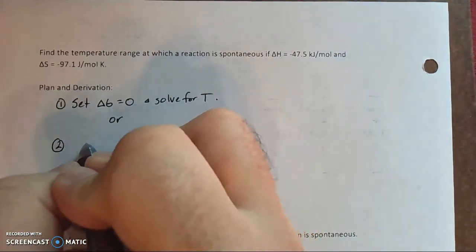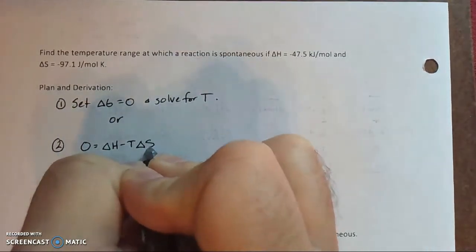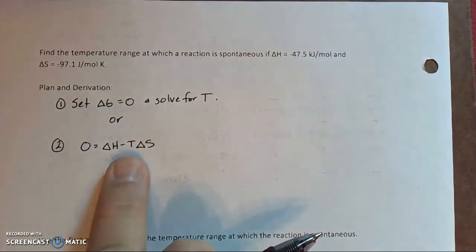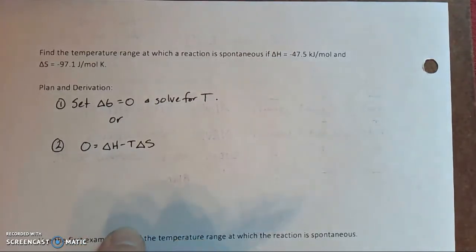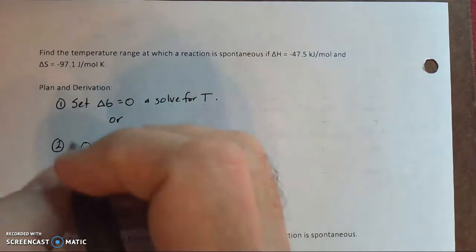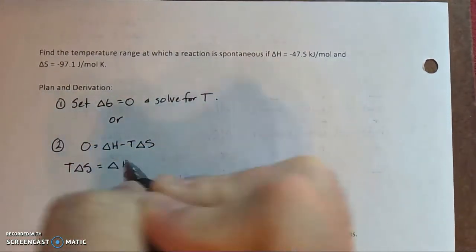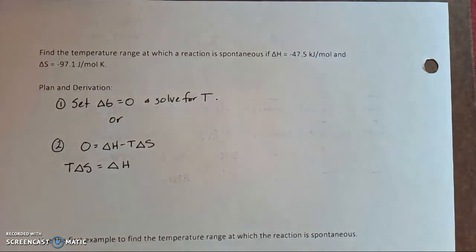So if we put 0 in and just use our symbols and solve this for T, the first thing we're going to do is add T delta S to both sides of our equation. So we end up with T delta S is equal to delta H. So I'm just using algebra.